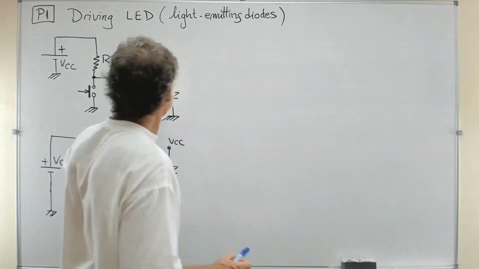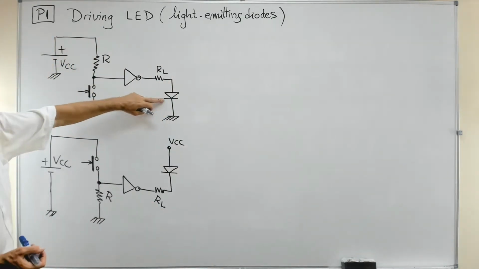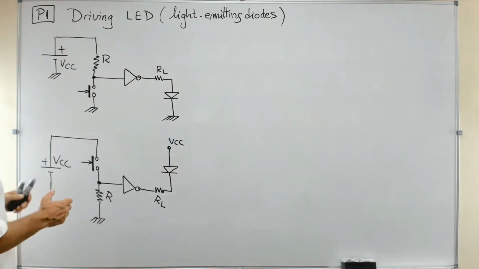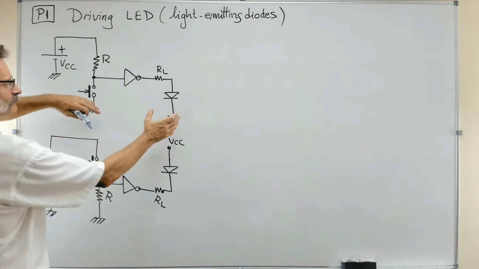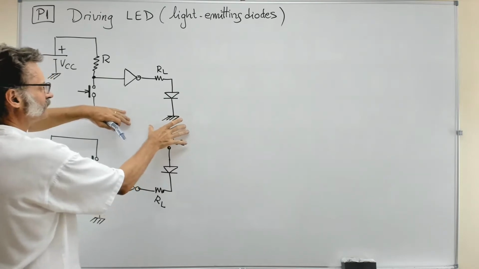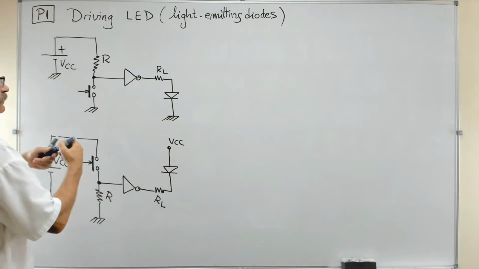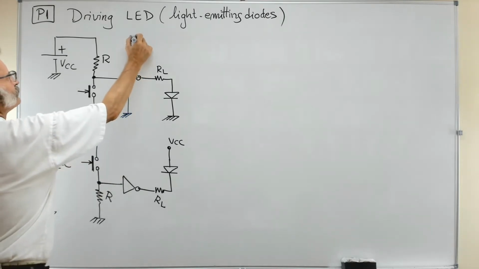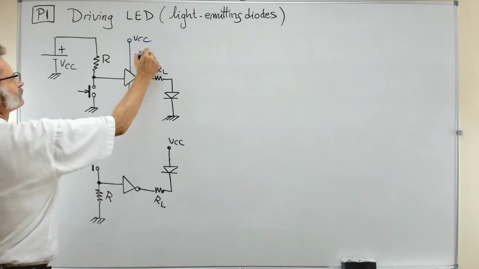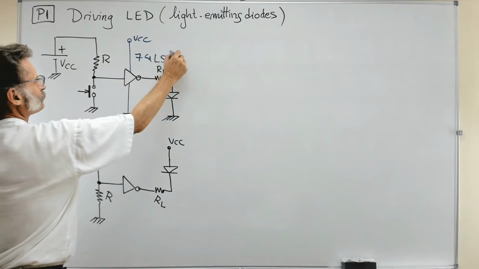So let's see how you can bias a diode. The typical circuit, for example, if you want to connect the circuit that is driving the LED with the previous ones, is a gate, for example a 74LS04.